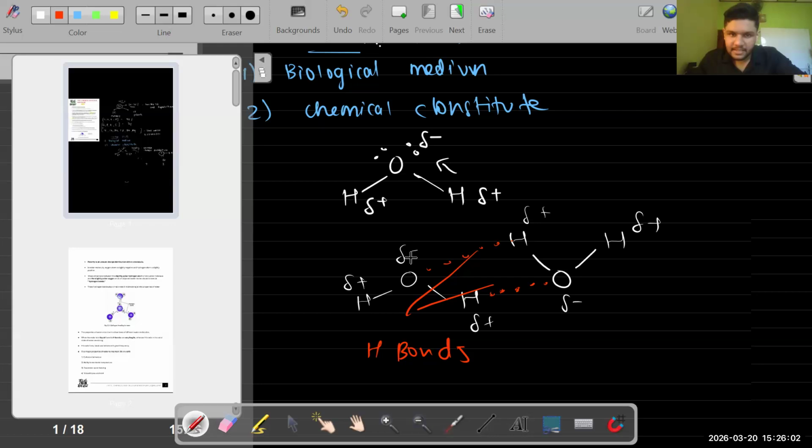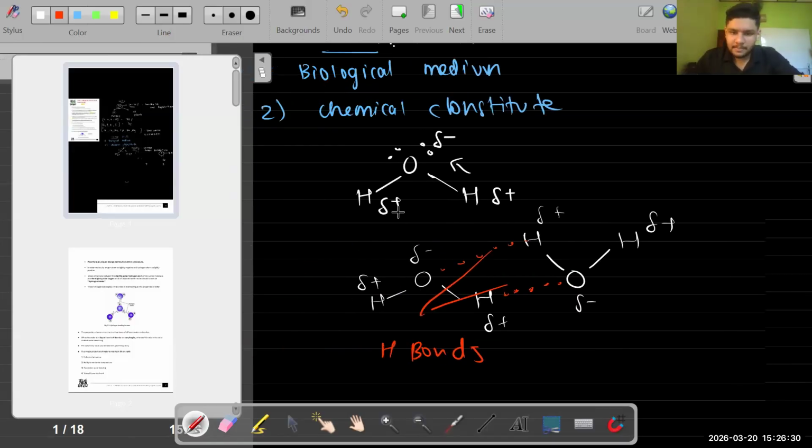The weak interactions between the slightly polar oxygen of a water molecule and the slightly polar hydrogen of another water molecule are called hydrogen bonds. Is the definition clear? Clear. Perfect.